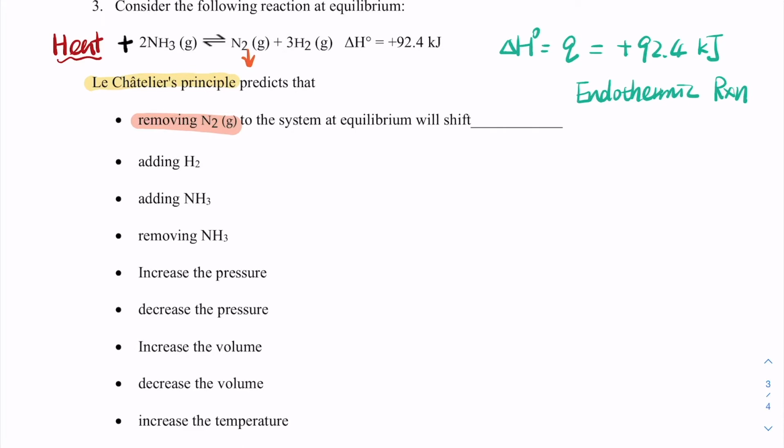If you remove some, the reaction wants to make a little bit more to make up whatever is lost, so the equilibrium will shift to the right. Basically, removing N2 is removing the products, and the equilibrium will shift to the right.